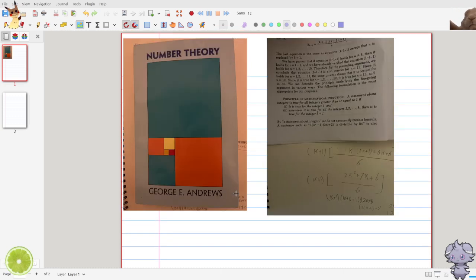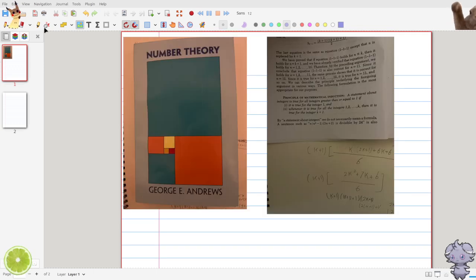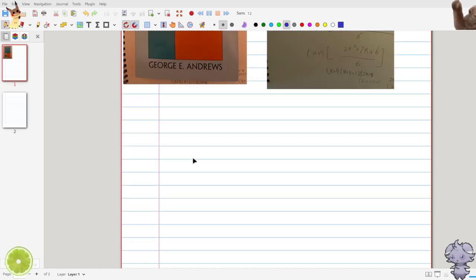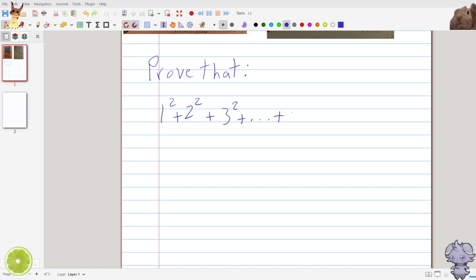This is the first problem from the first section, which says to prove that 1 squared plus 2 squared plus 3 squared plus ellipsis plus k squared equals k times k plus 1 times 2k plus 1, all divided by 6.